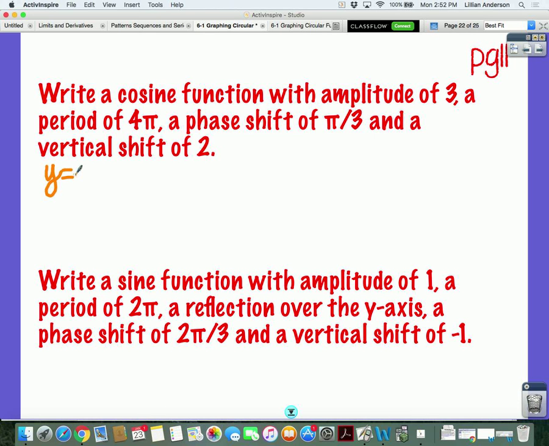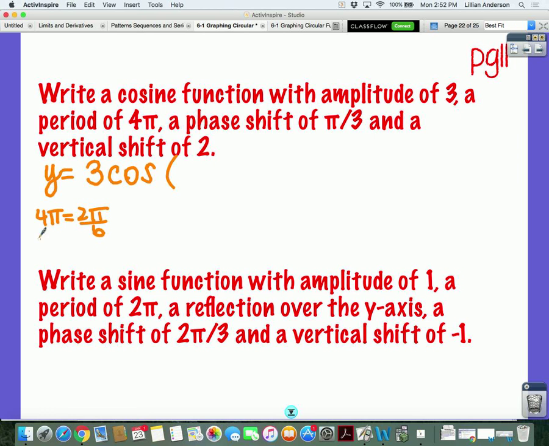How does it start? 3 cosine. Cosine function. Parentheses. What's B? Pi over 2. Okay, how'd you get that?